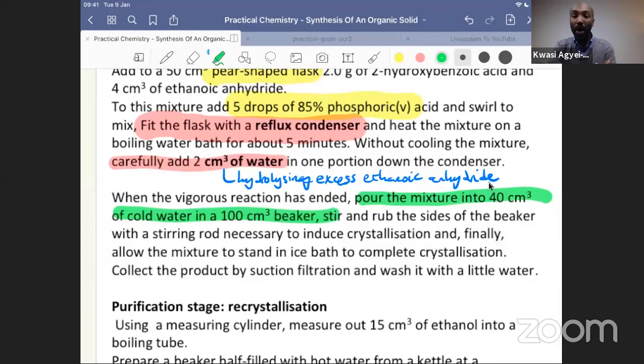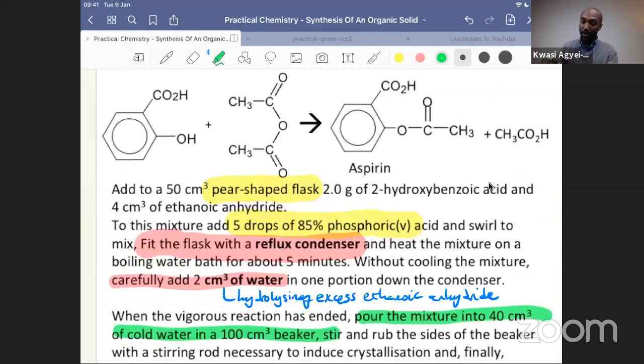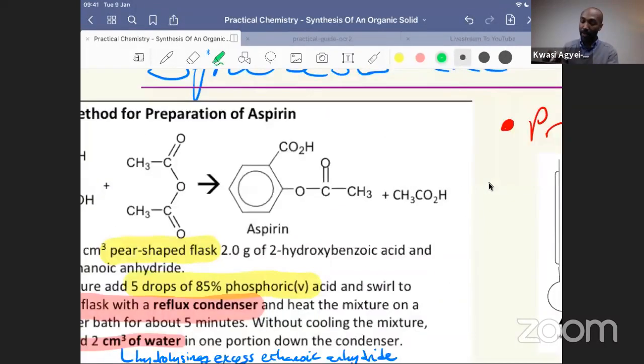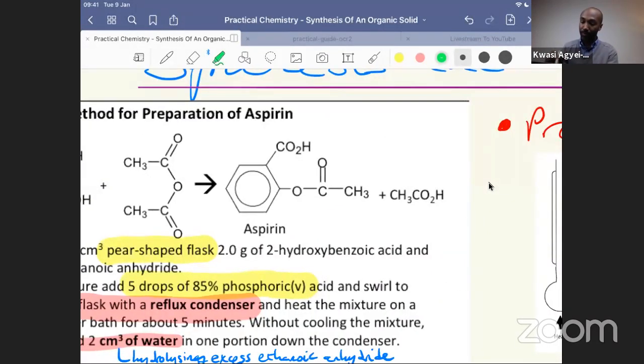Okay, so why are we doing that? Well, we've got aspirin here, which is, of course, our product. And aspirin is insoluble in water. In fact, most organic compounds that have a substituted benzene ring, such as we've got in aspirin, will be crystalline solids that will not dissolve in water.